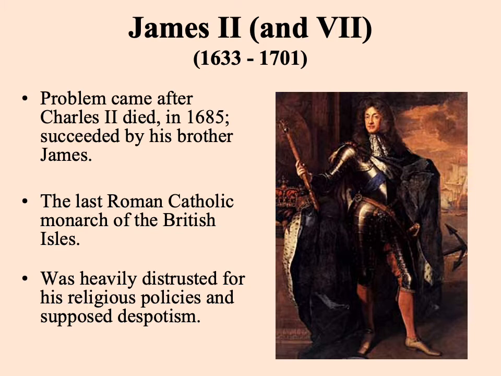The problem is going to be with his brother and successor, James, who, upon the death of Charles II in 1685, will succeed him to the throne as James II of England, the seventh of Scotland. Now, you might note from his birth date, death date, 1633 to 1701, and brother Charles II, he's pretty old when this happens. Now, he is a staunch supporter of Roman Catholicism. He also favors absolute monarchy. The big difference is, and this is very much like the pattern we saw with James I and Charles I, he doesn't seem to be that bright.